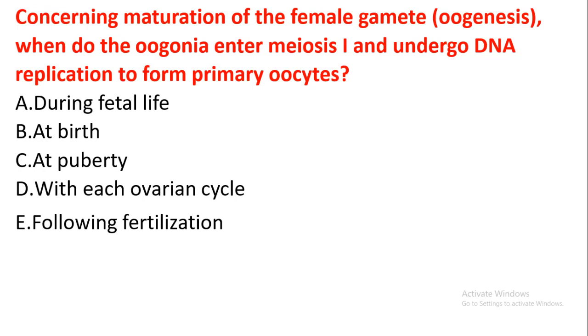So that means that the process of meiosis normally takes place by month 5 of fetal life. However, we need to understand that meiosis 1 will be arrested at prophase 1, and then it will continue until ovulation. That's when meiosis 1 will be completed.